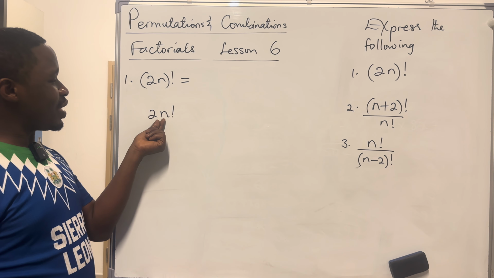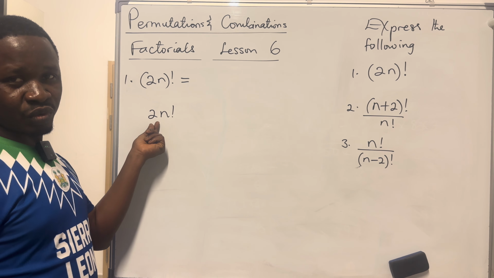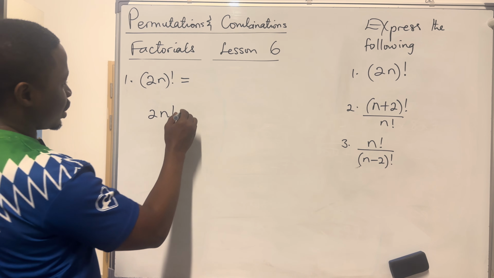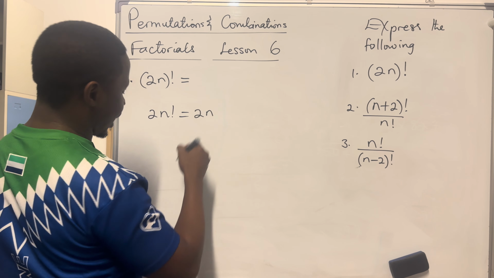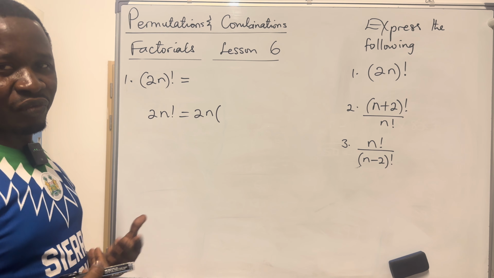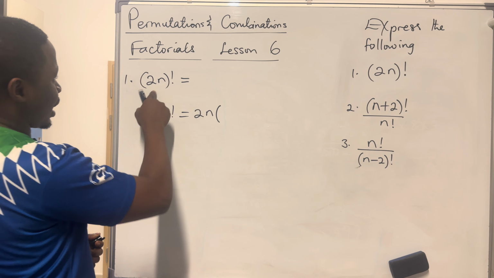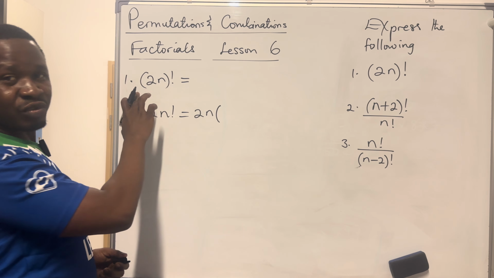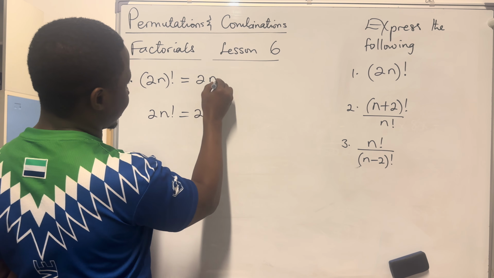Here, immediately before the factorial we have 2n. So this 2n, we write it outside. You always write outside what is given before the factorial. So likewise here, before the factorial we have 2n. We write 2n.